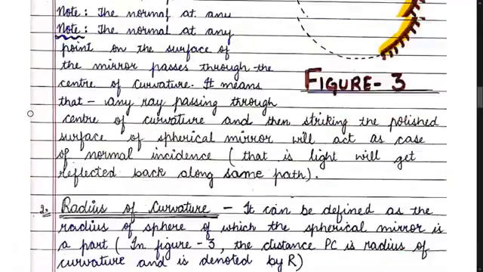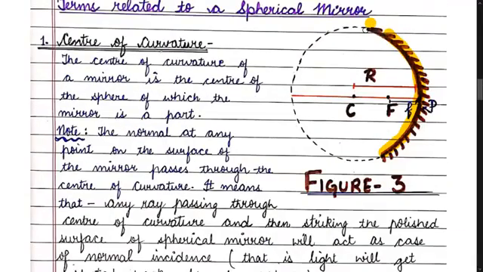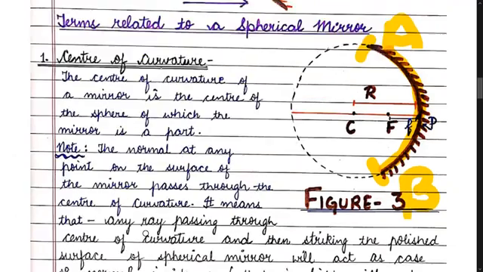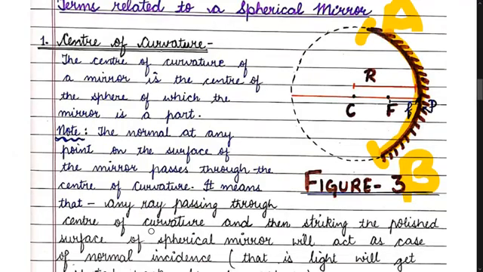So students, in figure number 3, the silvered part, this whole surface which is silvered, is known as aperture. If we write down the ends of the mirror as AB, then this whole curved part AB is known as the aperture of the spherical mirror.